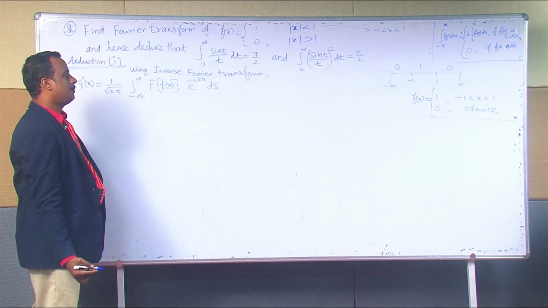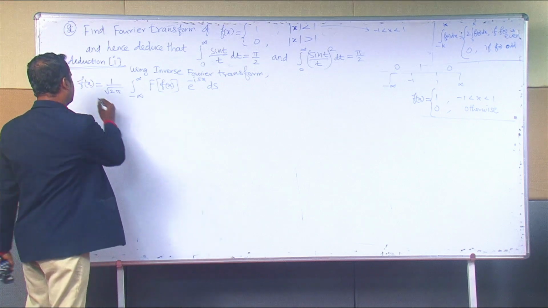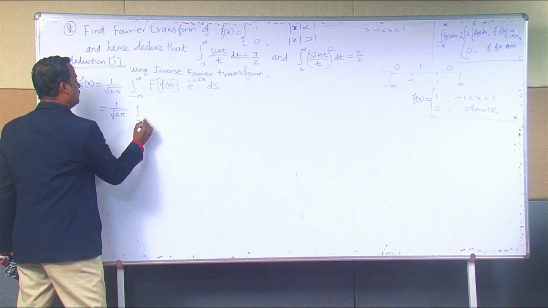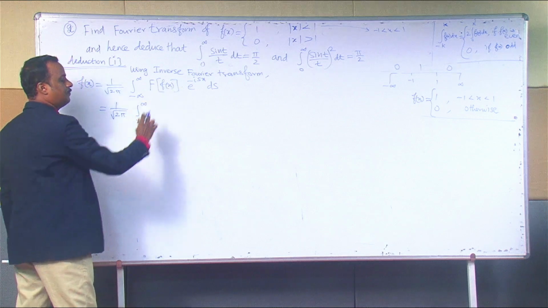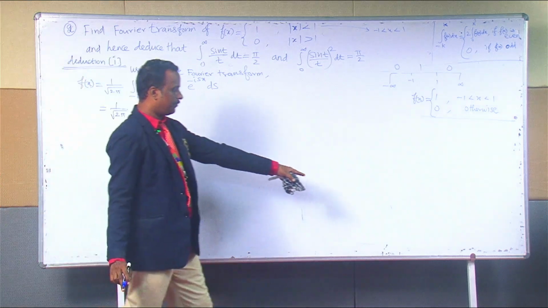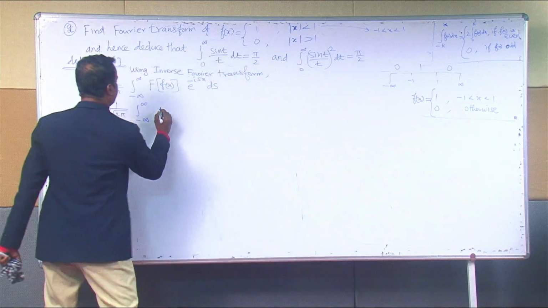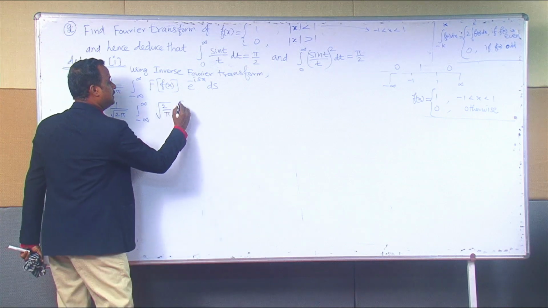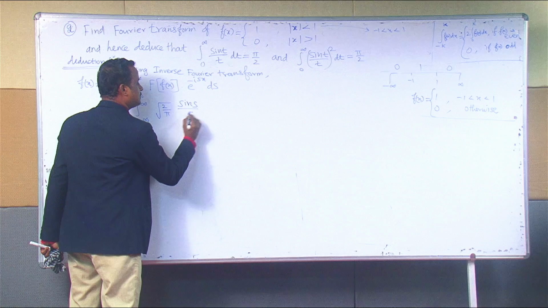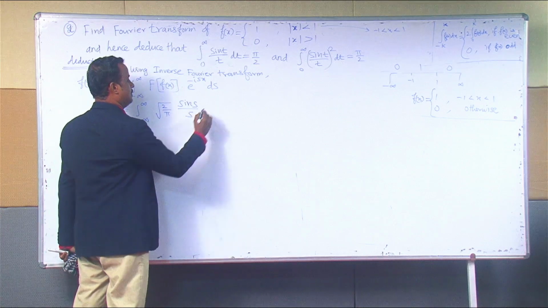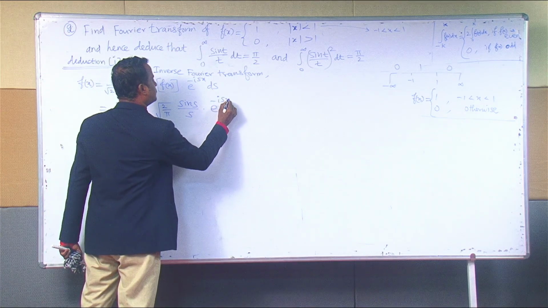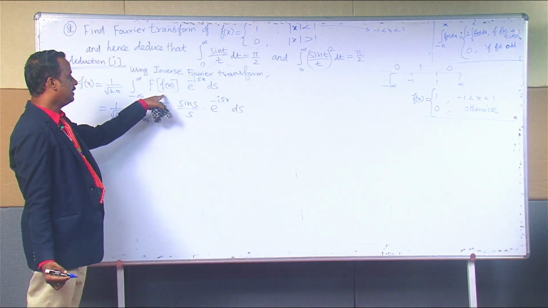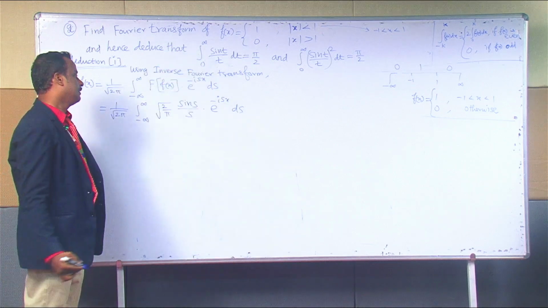In this formula we have to apply the Fourier transform value, that is, 1 by root of 2 pi integral minus infinity to plus infinity. What is the Fourier transform? The first part of the proof, which is nothing but root of 2 by pi sin s divided by s into e power minus isx ds. We are just applying the Fourier transform of the given function.